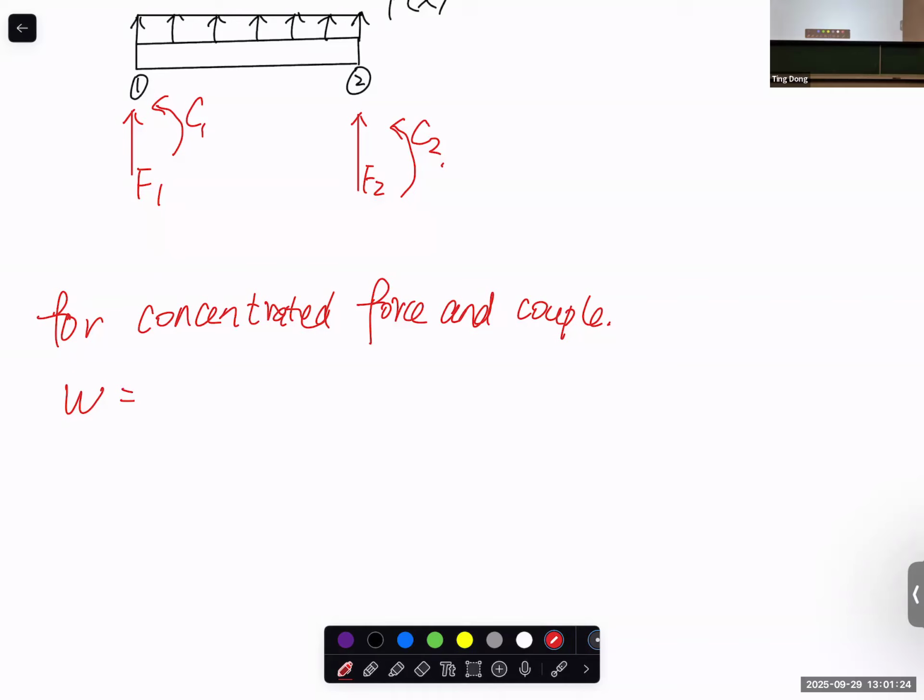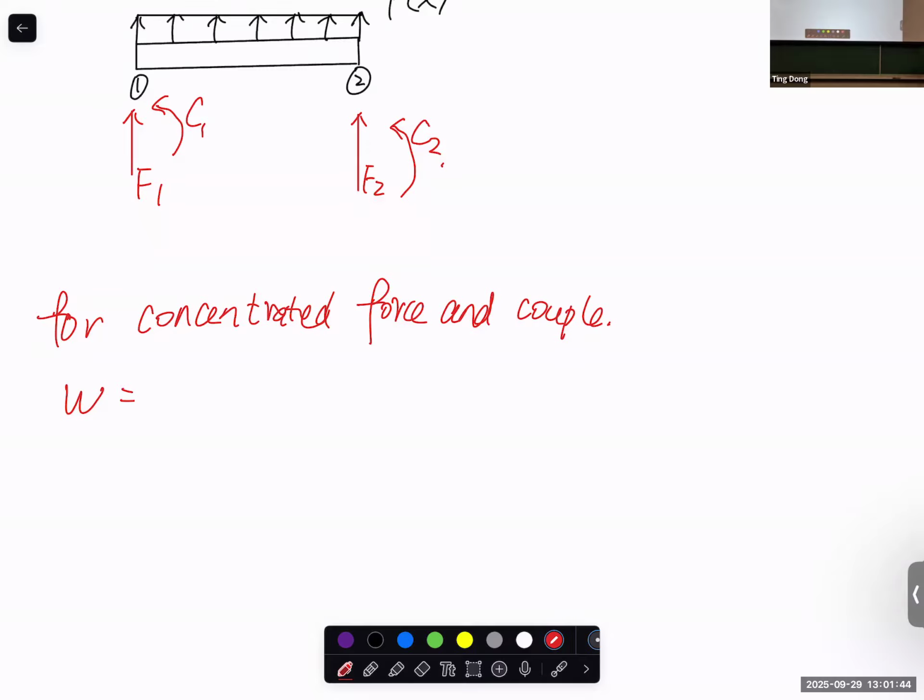Of course, you learned from previous class that if I have a point in a structure and I apply force and it moves upward V, the work done by this force equals F times the deflection displacement, right?